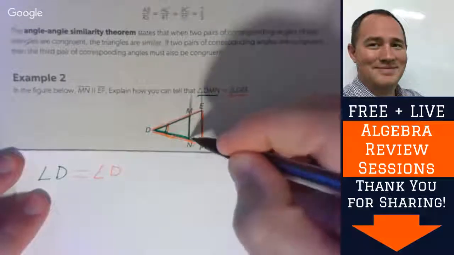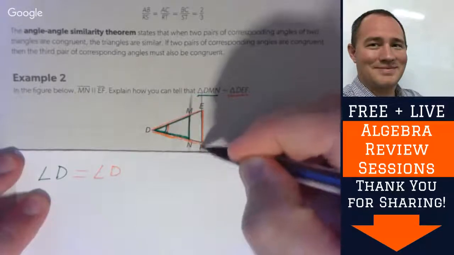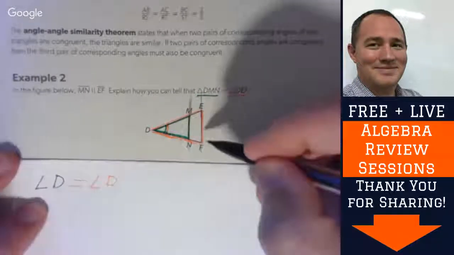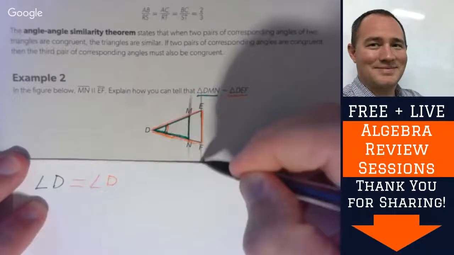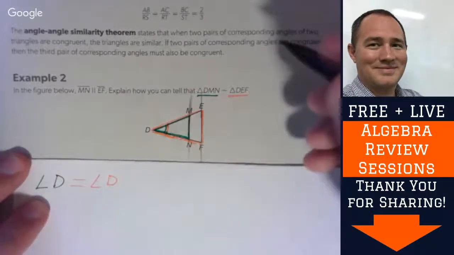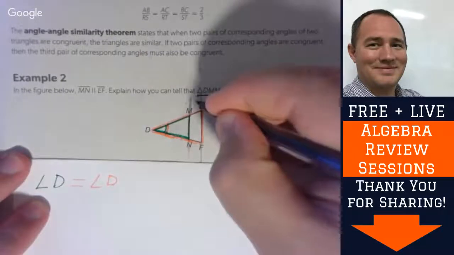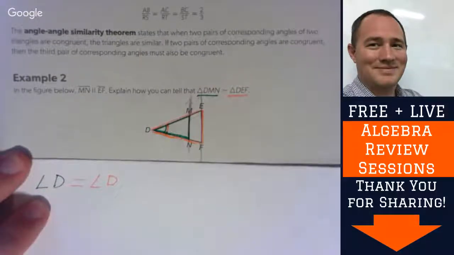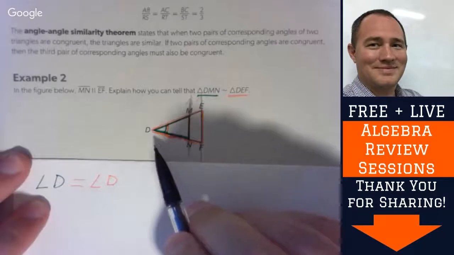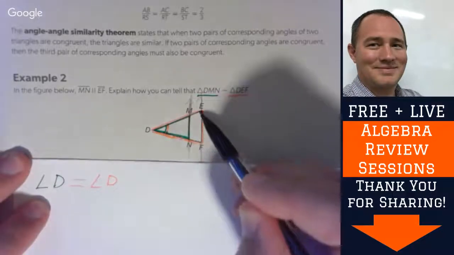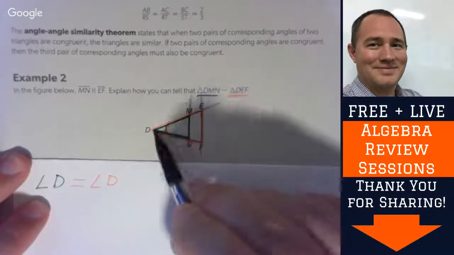So remember, I'm adding these extensions to hopefully jog your memory of what we covered yesterday about parallel lines and transversals. And it did say here that MN and EF are parallel. Okay. And that would make this line DE, and if we're going to extend that one as well, that would be like the transversal, right?